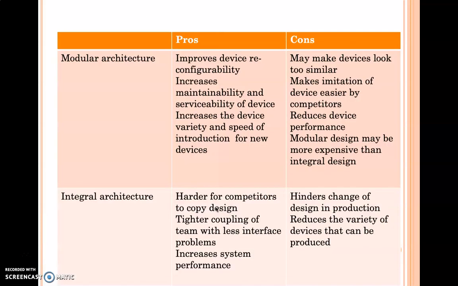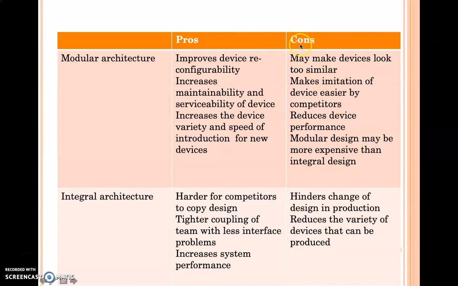What are the pros and cons, the advantages and disadvantages of these two? Modular architecture improves the design reconfigurability, as well as increasing maintainability, serviceability, device variety, and the speed of introduction of new products. Means in modular architecture you can develop new products with very high speed.